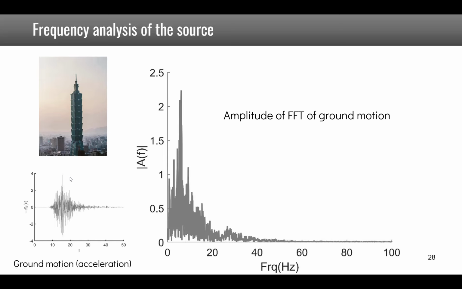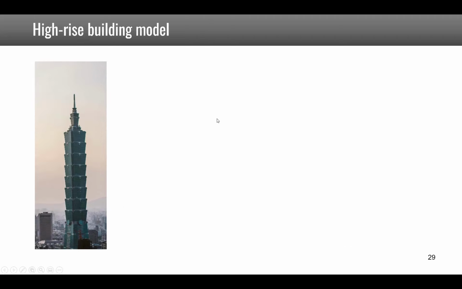We can do the Fourier transform of this ground motion to have an idea of how many modes of that structure are going to be impacted. And so in this case, you see that the amplitude of the earthquake is important until 10 Hertz and then decreases, but still there remains some component up to 40 Hertz.